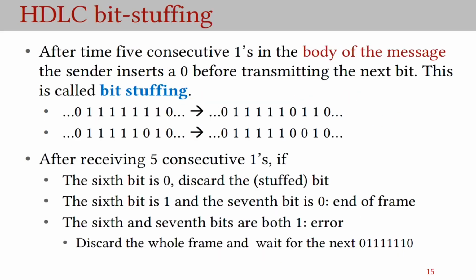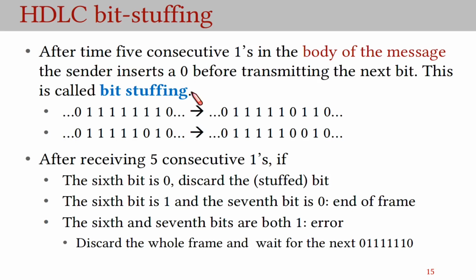HDLC solves the problem of the flag appearing inside the body of the message by an approach that's analogous to what we saw as byte stuffing. What it does is it inserts a 0 anytime it sees 5 consecutive ones in the body of the message, right?